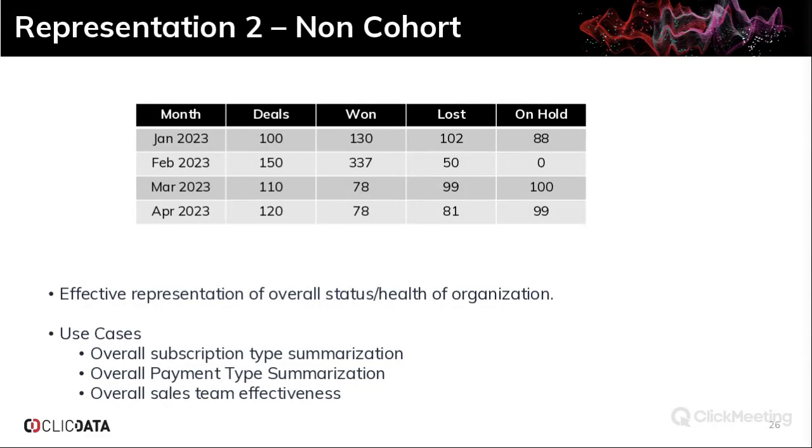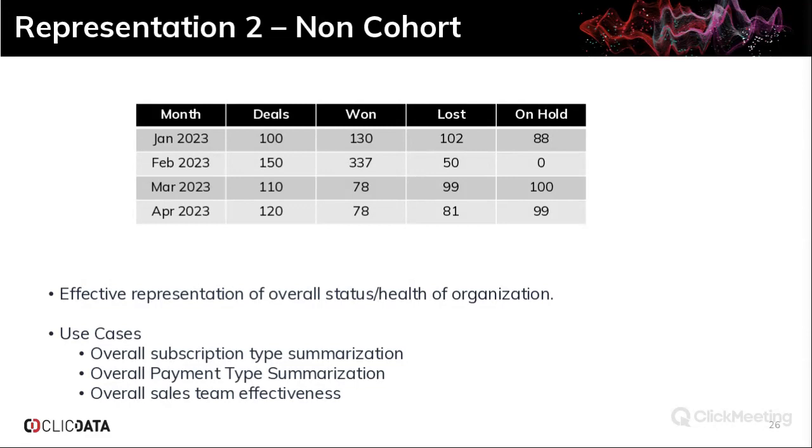These deals could be created last year, could be created in the same month. So it doesn't matter when this was created. I'm just interested here in looking at the number of deals that were lost in a specific month, irrespective of the time when they were created. So hopefully this gives you some idea of what a non-cohort representation answers and what a cohort answers.